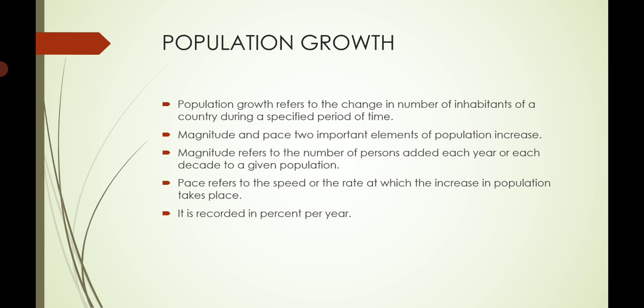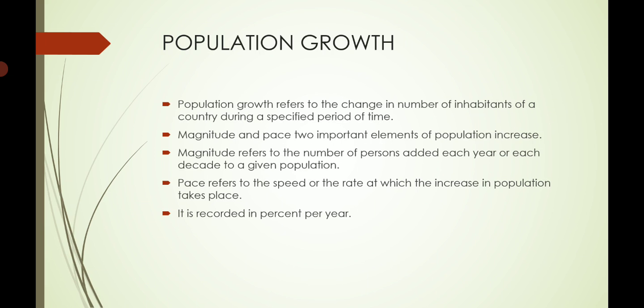Let's talk more about magnitude and pace. These are the two most important elements in population increase. Now what are these two? We'll study. Magnitude refers to the number of persons added each year or each decade to a given population. Means what is magnitude?